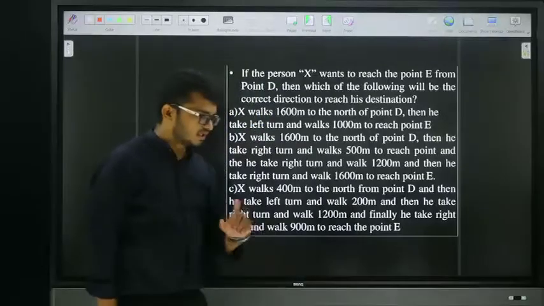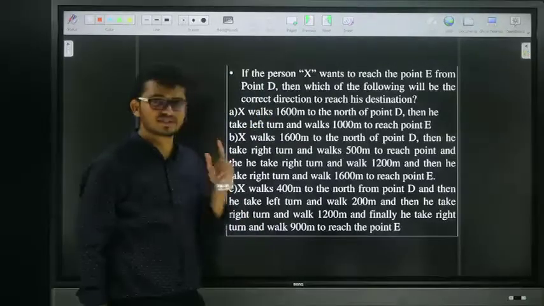Whether you people are solving or not, or is there any confusion? If you are having any confusion, I will simply explain.